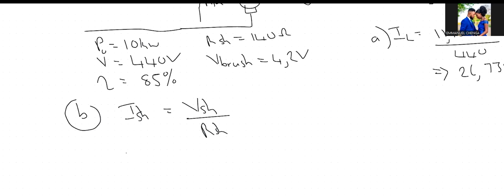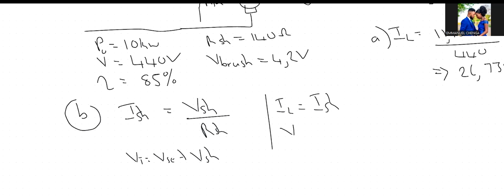It says VT is equal to V series plus V shunt. The other thing that we know, remember, is that IL is equal to I series. So I can find V series. How do I find V series?